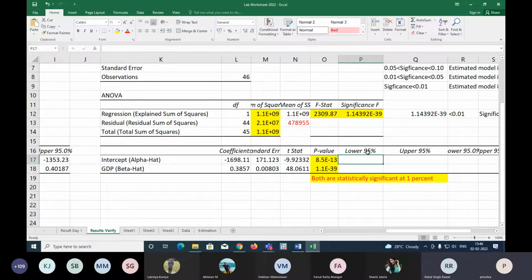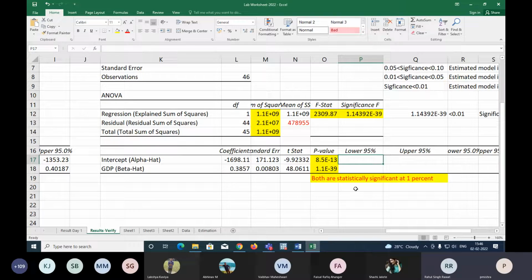Now question is, what would be the theoretical value of t at 95% confidence level?